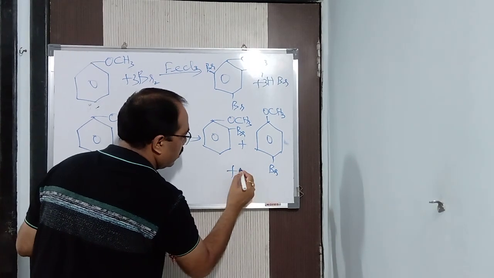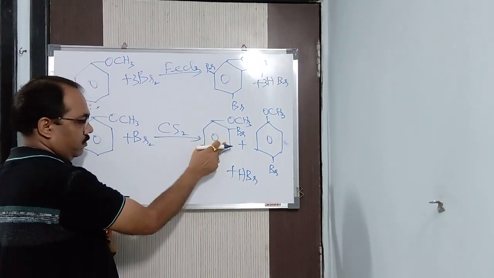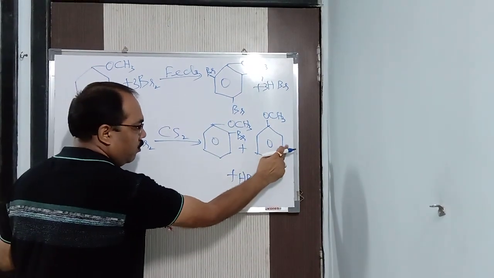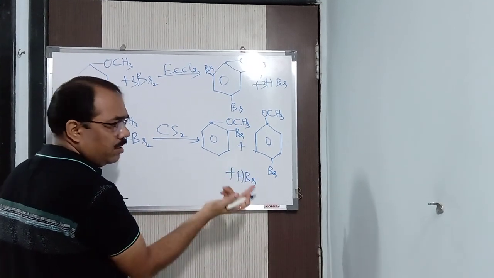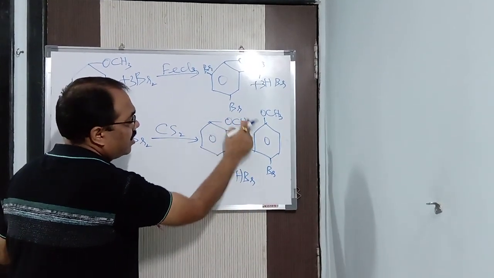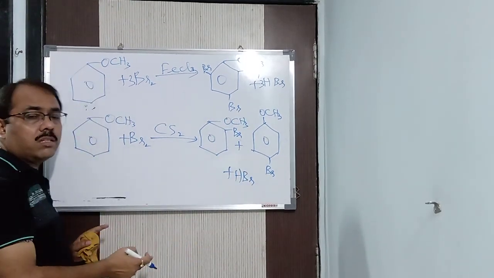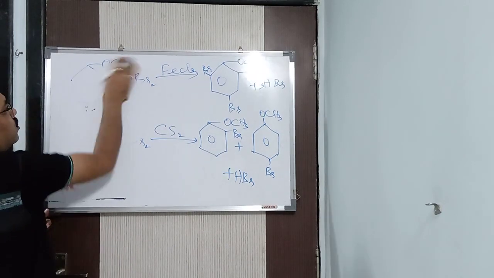It is ortho-bromoanisole, and this is para-bromoanisole, where para is the major and ortho is the minor product. Why? Because for ortho the steric hindrance is maximum, and for para the steric hindrance is minimum. Clear? Now this is your halogenation.